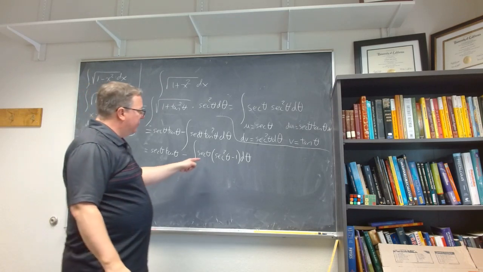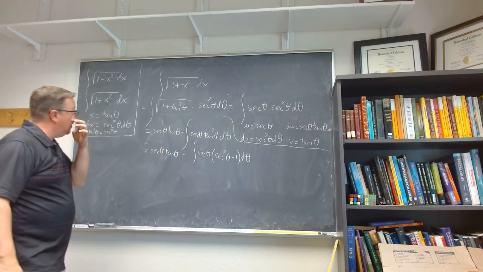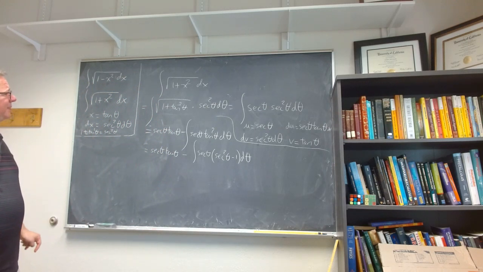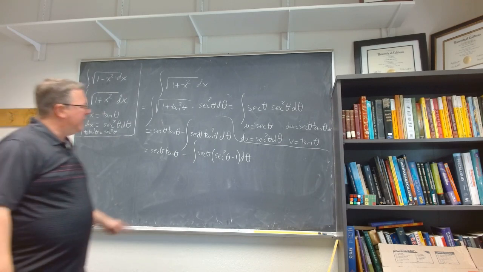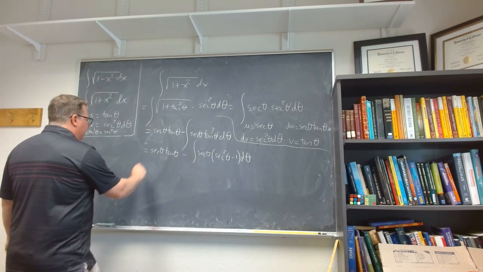Fine. So we're going to go ahead and split this out and see what happens. We're kind of at a weird spot here because integrating secant theta is weird, but we can do it.